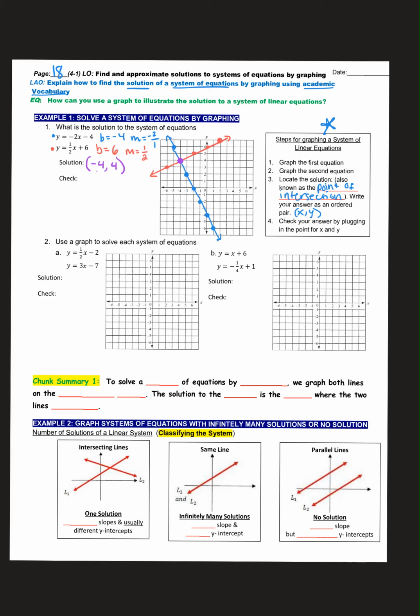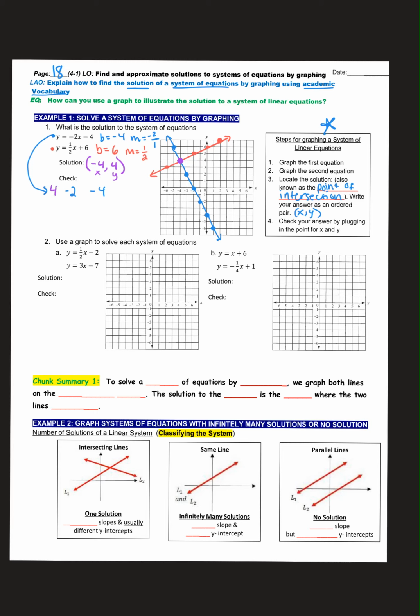So -4 is an x and +4 is a y. Let's plug it into the blue equation. So the blue equation is y equals -2x and then -4. I'm going to go ahead and erase that. And I'm just going to plug in the point -4, 4 into the problem.